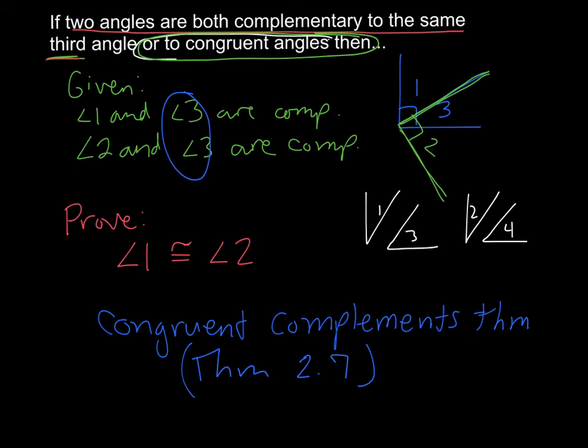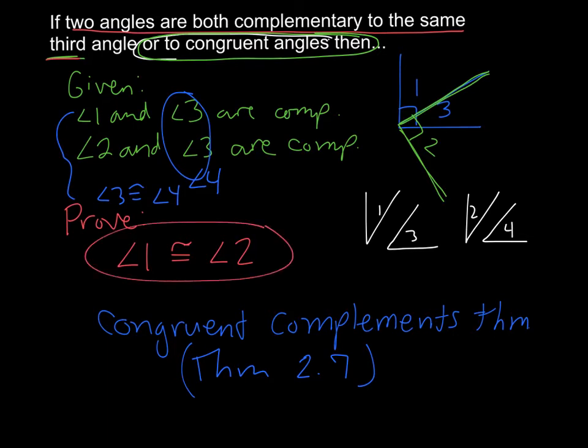In this case, we could know that angle 2 and angle 4 are complementary. And as long as we knew that angle 3 was congruent to angle 4, that would have to be an additional piece of given information. Then we could still prove that angle 1 and angle 2 are congruent, just as we've set out to do in this case. So we would have to know this, and then we could go ahead and try to prove that angle 2 and angle 1 are equal. So you're going to pick one of those to do. I'm going to go ahead with my first way of doing it, but either one, you don't have to do both cases, just pick one.